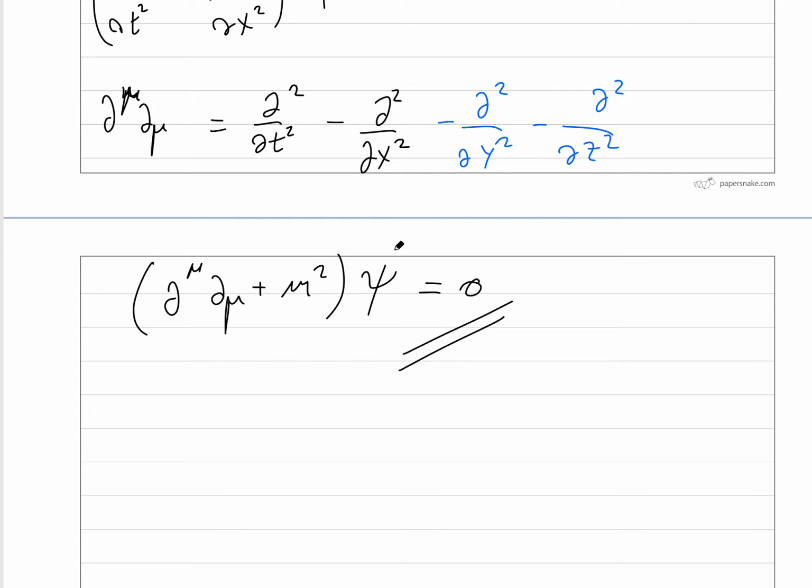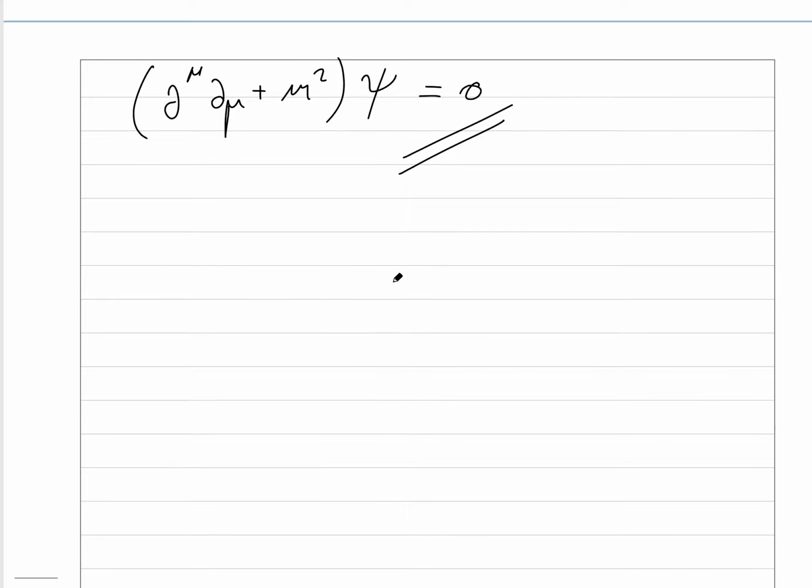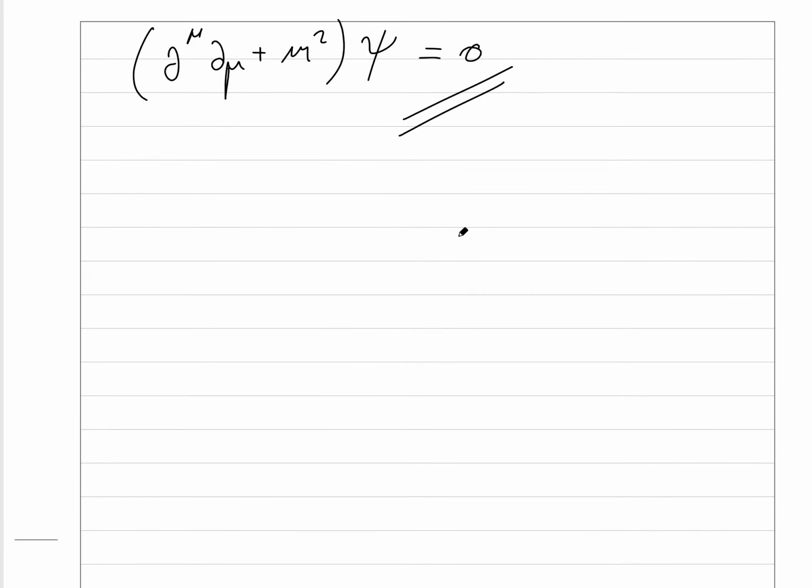But as we'll see, it is not the whole story, because now we will try to calculate the probability density and probability current. When you calculate the probability density, you find that it is proportional to the energy, and the energy here can have negative values. So something is not right.